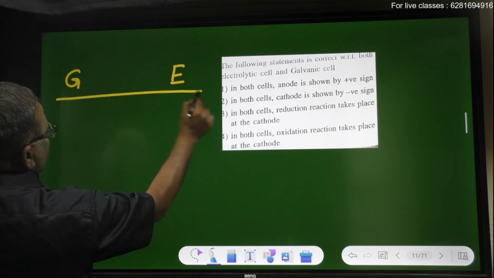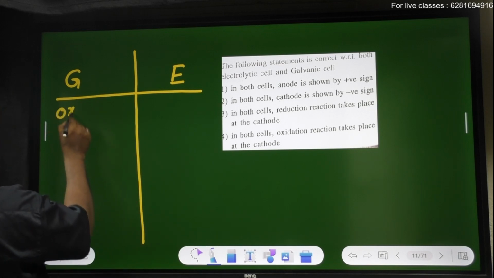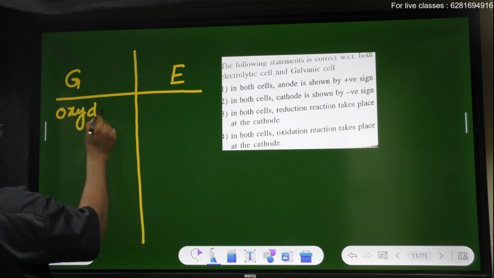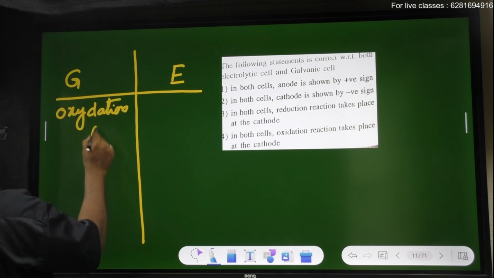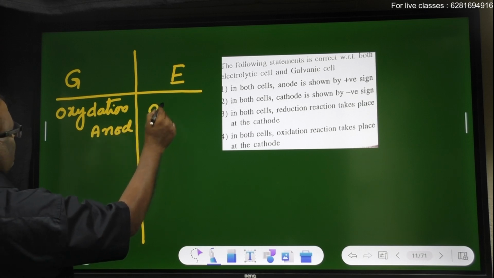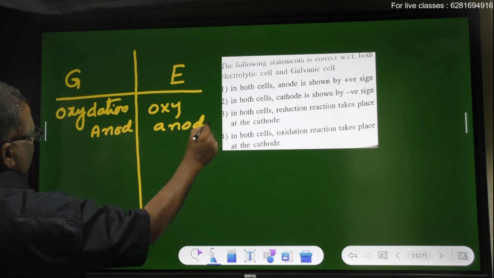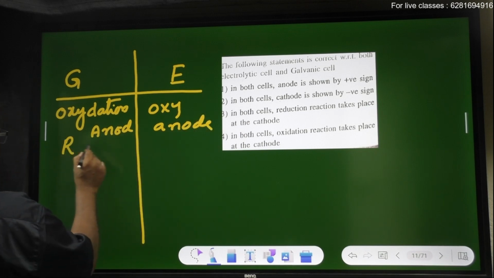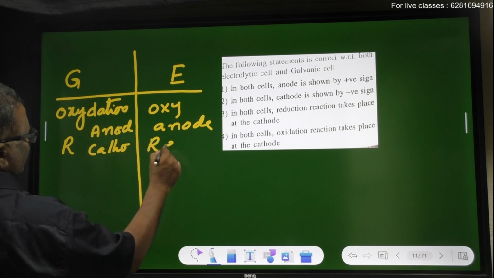In both the cases, oxidation at anode, reduction at cathode.